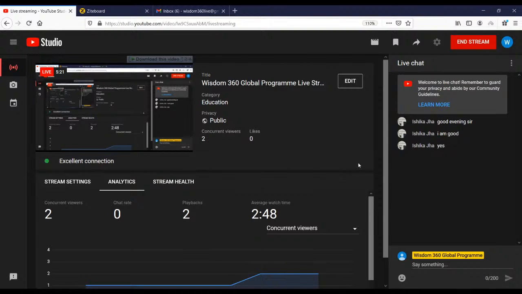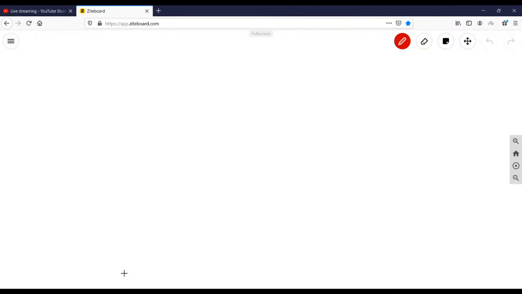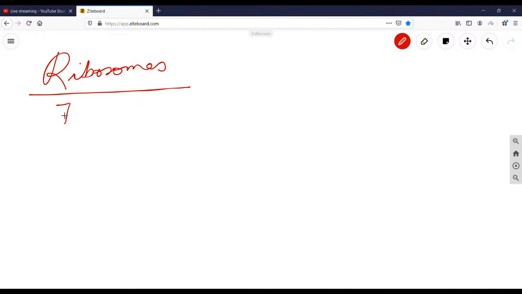Okay, so before jumping onto that, let me talk briefly about the ribosomes, right? The ribosomes in both prokaryotes and eukaryotes we will be considering here. So the bacterial ribosomes, if we put the heading ribosome in bacteria: we have the 70S ribosome in case of bacteria, in the prokaryotes, right?